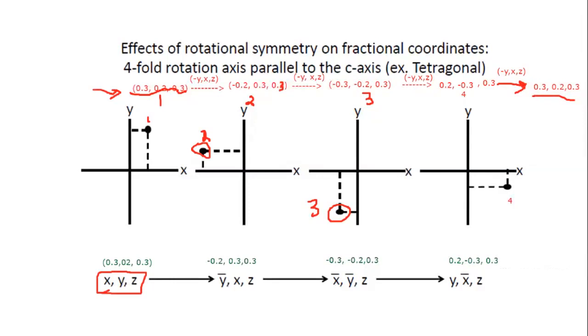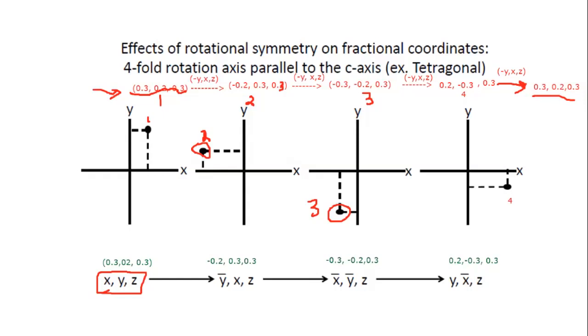And then for the third coordinate, you would take your original coordinates and use that to generate the third set of coordinates. So that's the difference between the top route and the bottom route. The top route is you're doing the same operation, just you're using the previous coordinates to generate the new set of coordinates. Either way is fine. It doesn't matter which way you choose, just pick one.